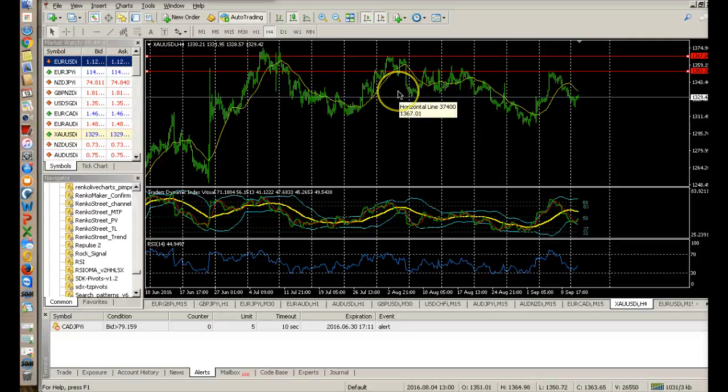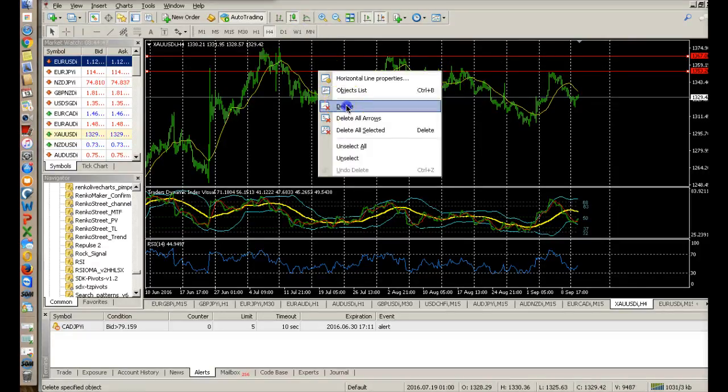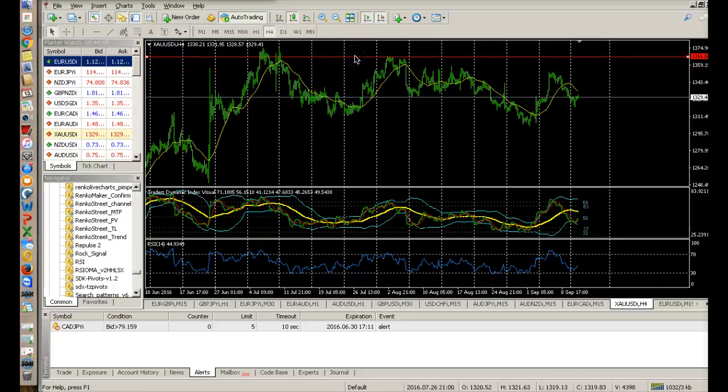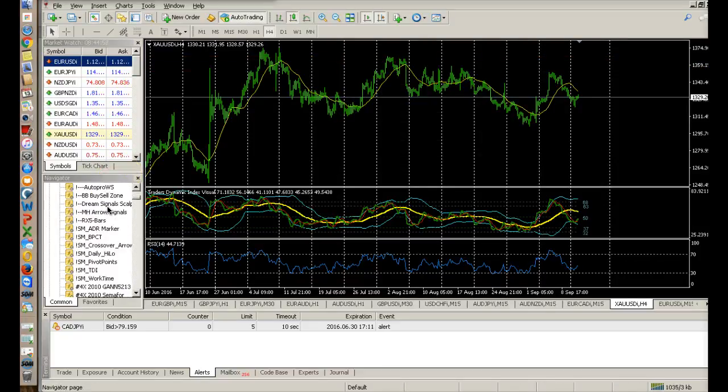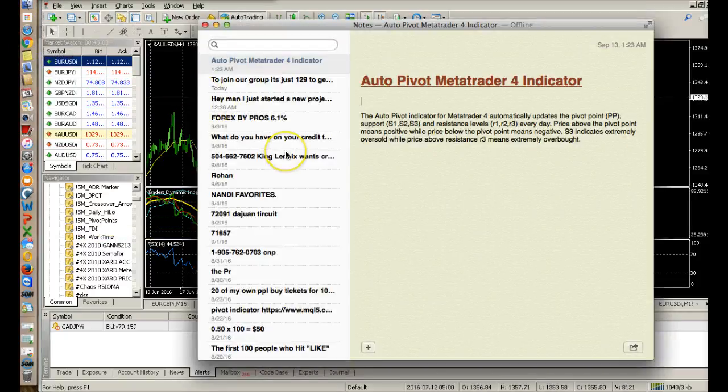Alright? So I have indicators that Nandy just uploaded, which I call my pivot points, and it automatically gives me my resistance 1, 2, and 3. Anytime price gets to resistance 3, that is usually when it's super overbought. So if you're using pivot points, the auto pivot points for MegaTrader 4 automatically updates the pivot points.